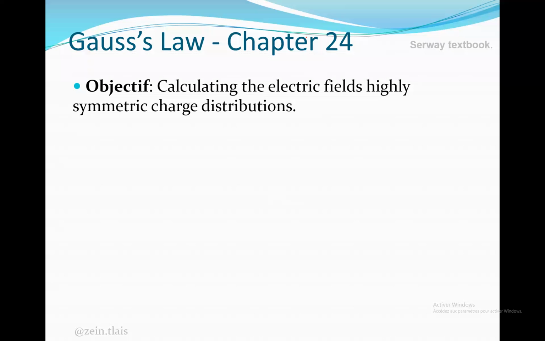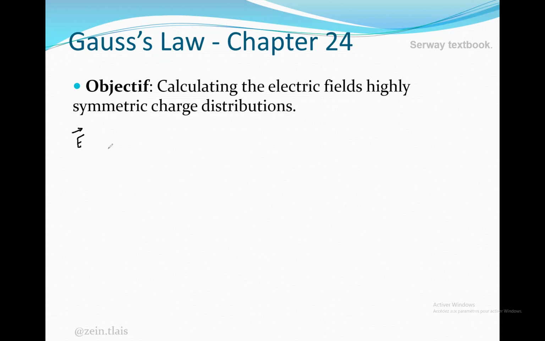Chapter 24, Gauss's Law. The objective of my study of this chapter is to calculate the value of the electric field E of objects which are highly symmetric charge distributions.